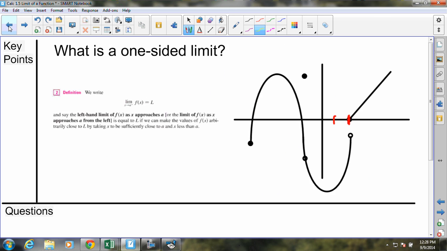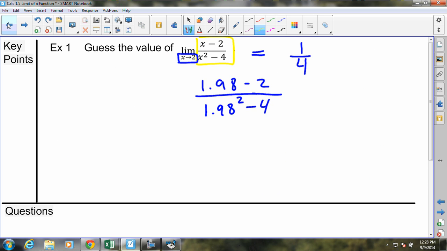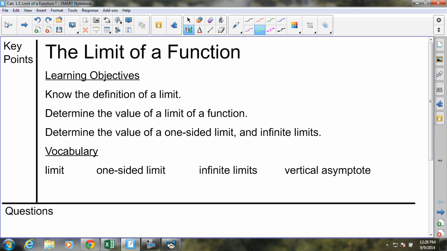Please remember the learning objectives for today. You should know what a limit is.